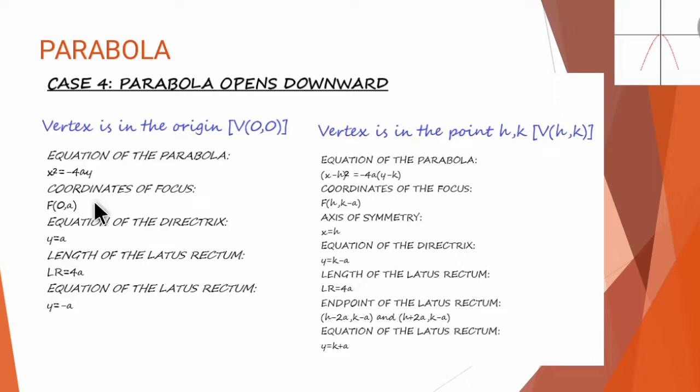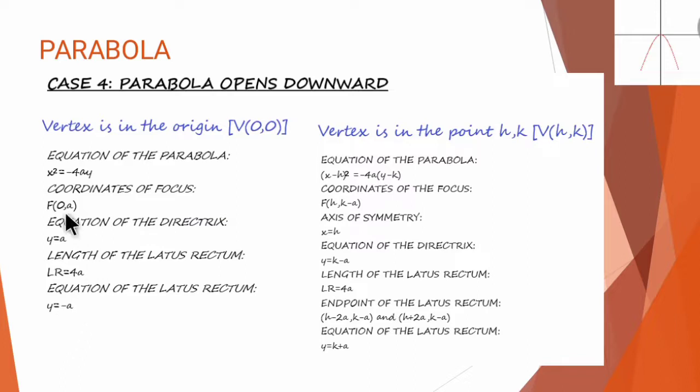Coordinates of focus, we have 0 and negative a. Equation of the directrix, we have y is equal to a. Length of the latus rectum, we have LR is equal to 4a. Equation of the latus rectum, we have y is equal to negative a.